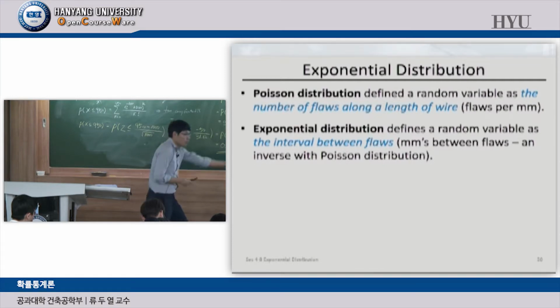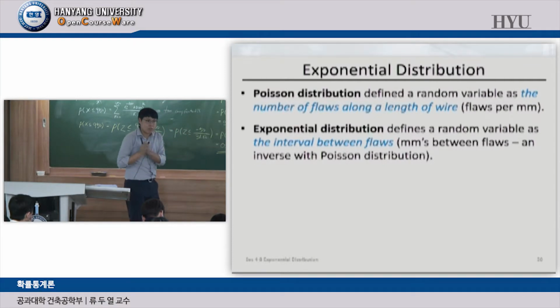In the Poisson distribution, we have to find the number of flaws, right? When the length of wire is defined, okay? And the exponential distribution has the inverse relationship with the Poisson distribution, which means that we have to find the interval length between flaws, okay?